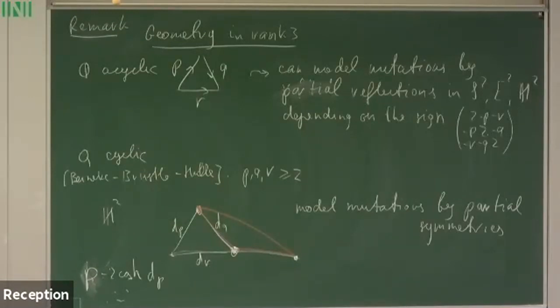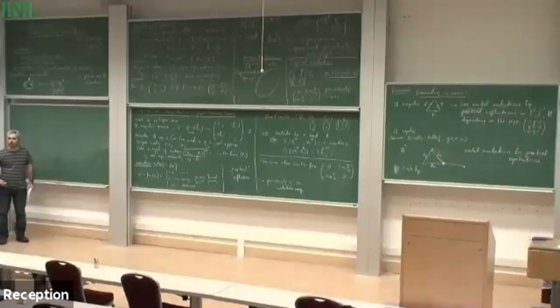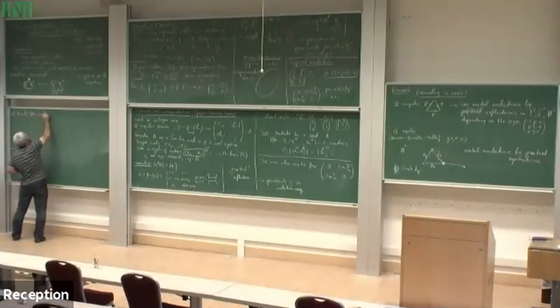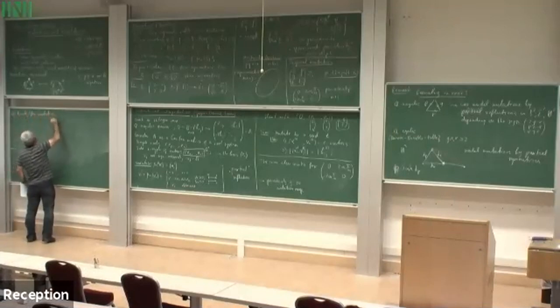Why do this? I want to define finite and finite mutation type. Well, it is not too difficult to define finite mutation type, but finite type is a bit more tricky because you need a finite number of something. So this is finite mutation type.